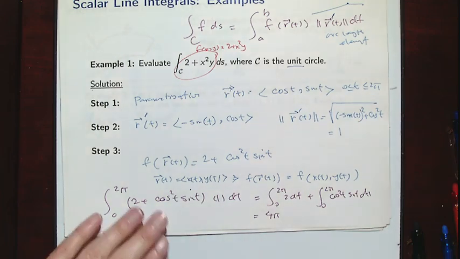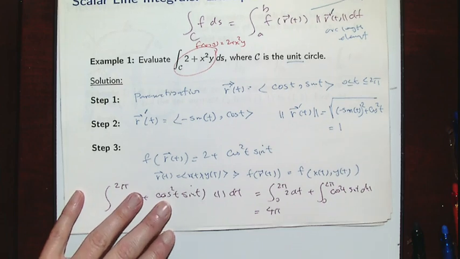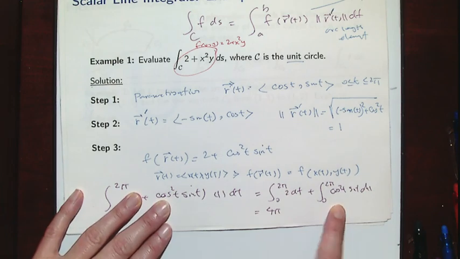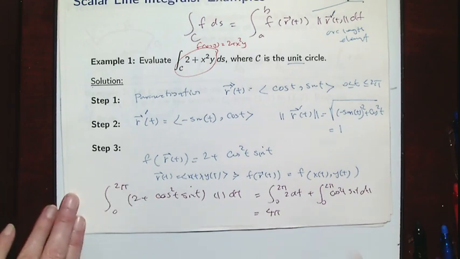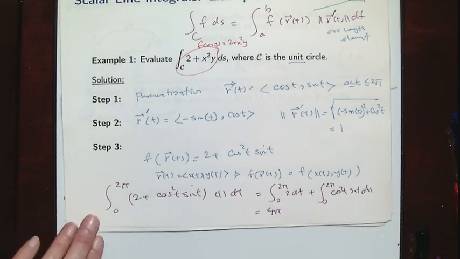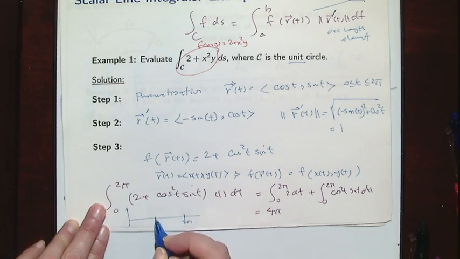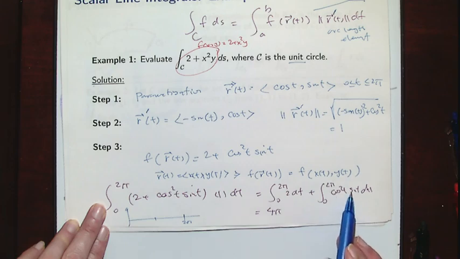But if you are doubting yourself, do the U substitution. Did that make sense, the symmetry? Who has a question about the symmetry that makes this 0? Because between 0 and 2 pi, for sine of t, cosine of t is positive about here, right?